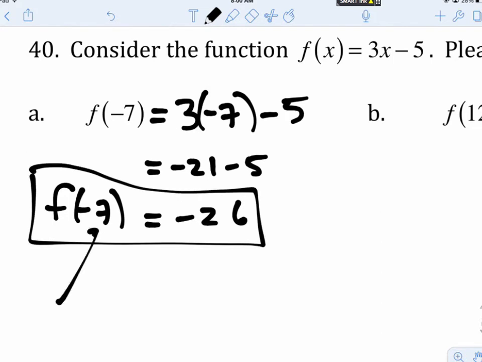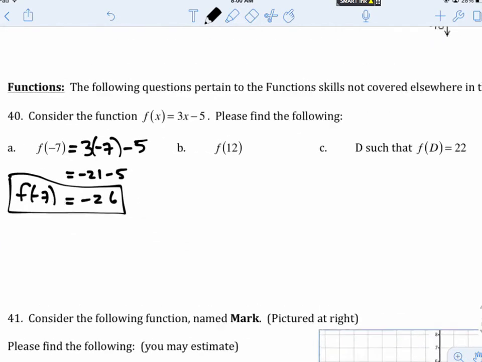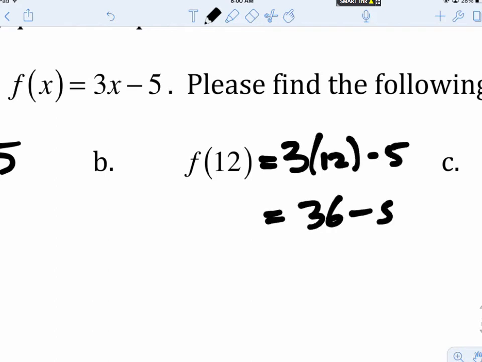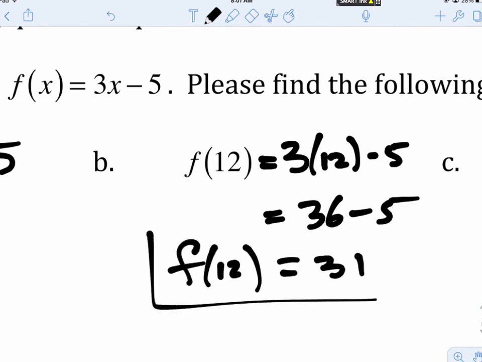If -7 is the input, -26 is the output. Same thing with 12. We're just going to substitute in 12 for our input variable in our function's rule. So 3 times 12 minus 5, 36 minus 5 for a grand total of 31. So we'd say f of 12 is equal to 31. When 12 is the input, 31 is the output.